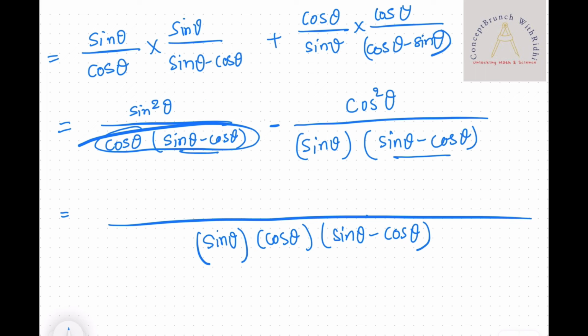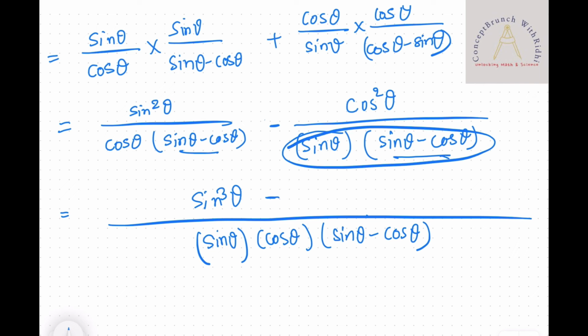It will become sin square theta, and sin theta will become sin cube theta, minus. Similarly, I'm going to divide this whole with this. Sin theta and sin theta minus cos theta will cancel out. Remaining is cos theta, and multiplied with this cos square theta will become cos cube theta, right? Just write it here, cos cube theta.